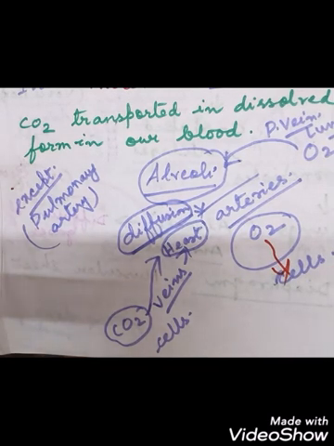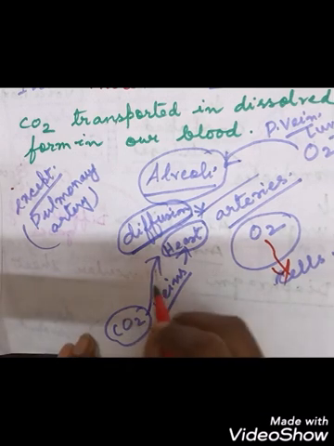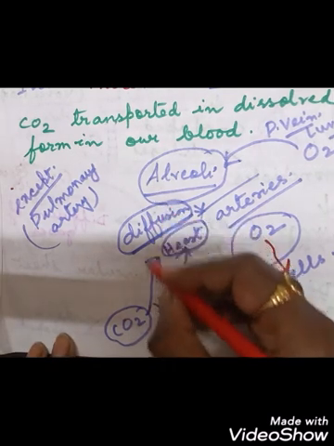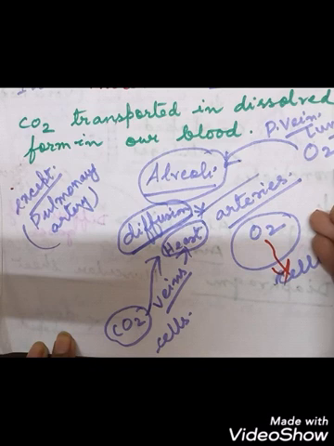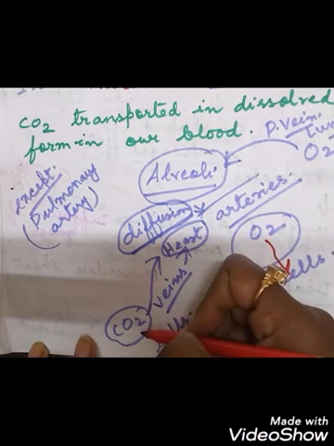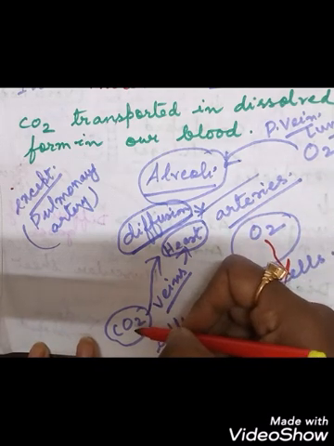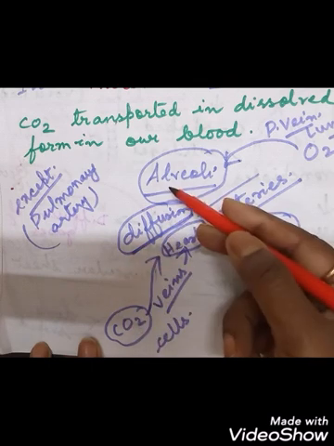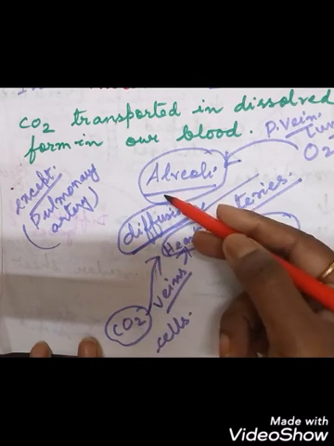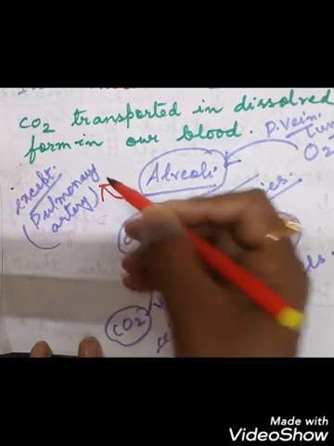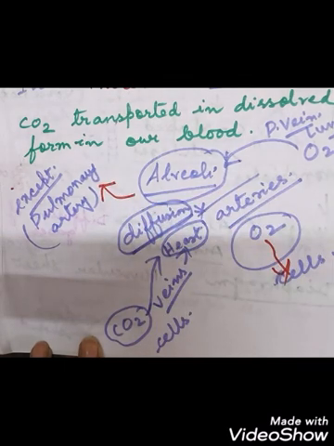Now, what happens to the carbon dioxide filled blood? From the alveoli, only oxygenated blood will be given out, and the carbon dioxide filled blood will come to the alveoli of the lungs and will be taken by the pulmonary artery for purification.